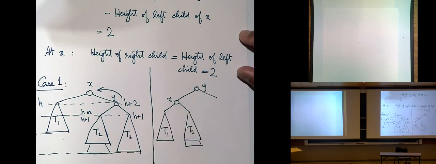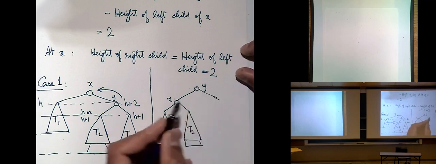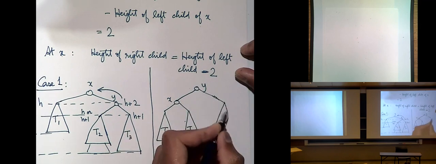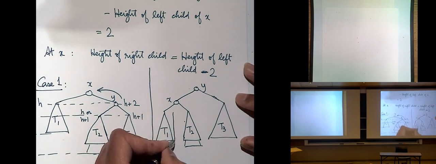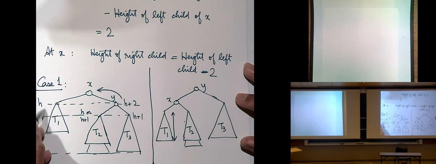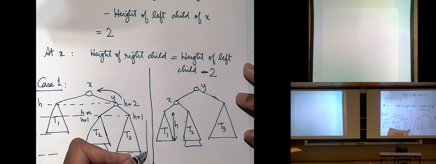Okay, so let me make sure I'm drawing this correctly. Yes. I mean, the trees, of course, I've messed up the sizes. But note what happens here: this height is h. This height is h plus 1.